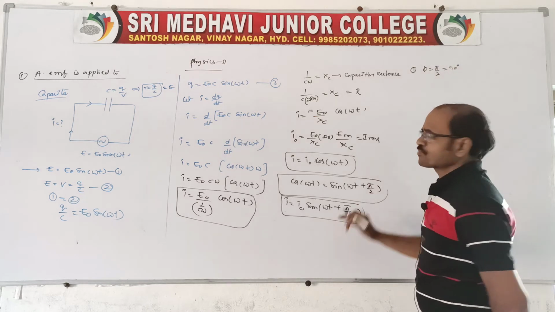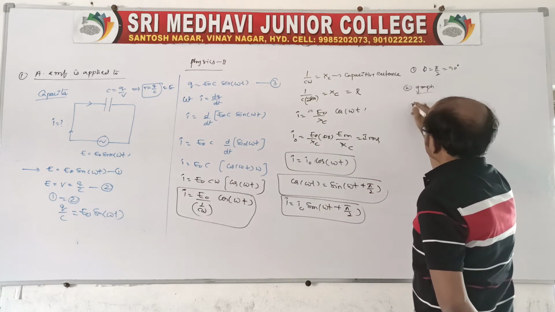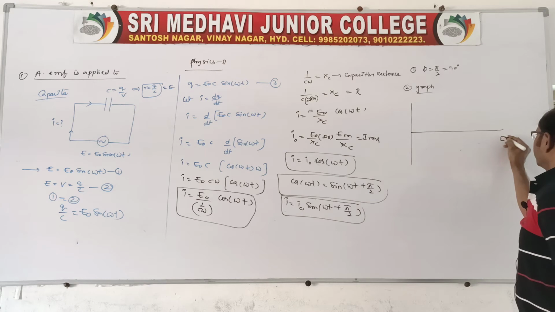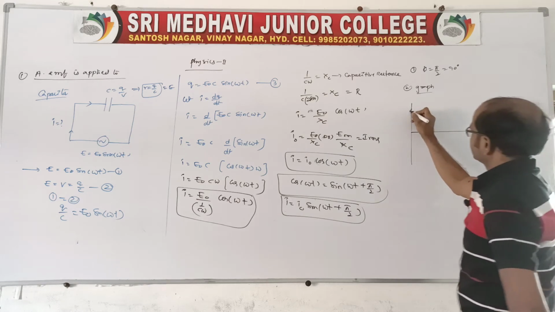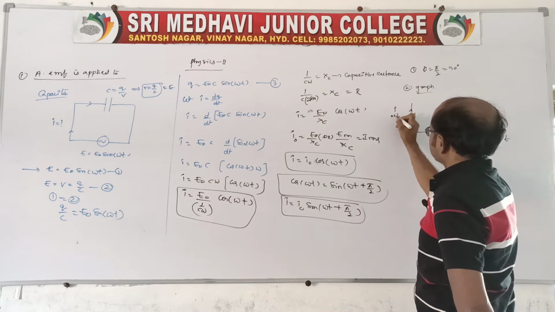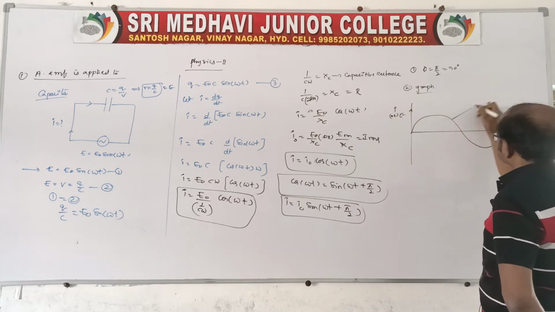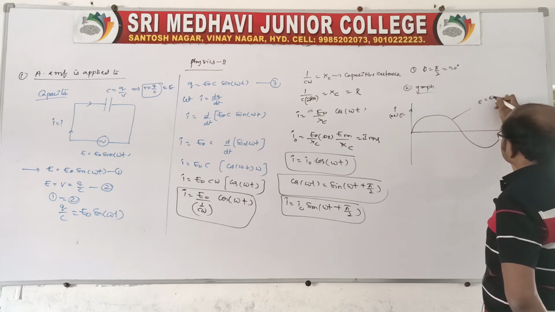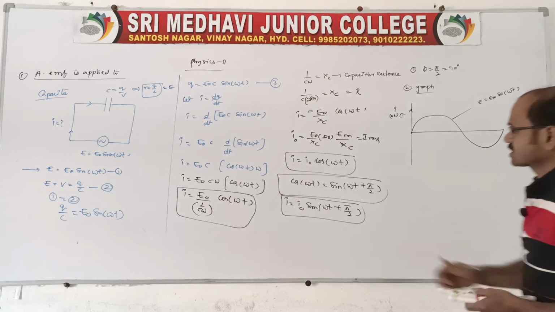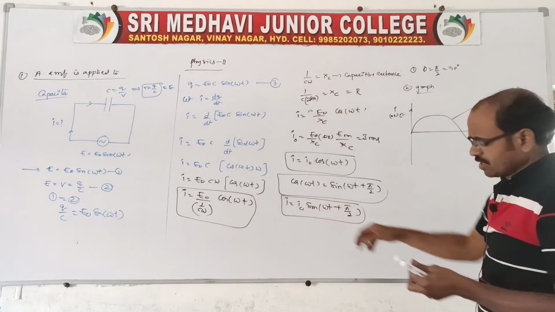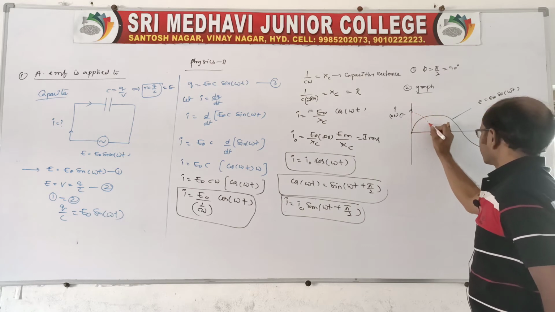Now go for the second graph. Time is taken, and here I or E is taken. The EMF has no change: E is equal to E naught sin omega t. What about the current? The current is in the form of plus pi by 2, so it starts somewhere else like this.